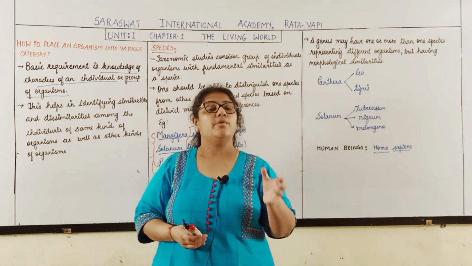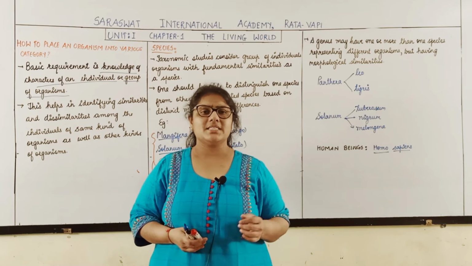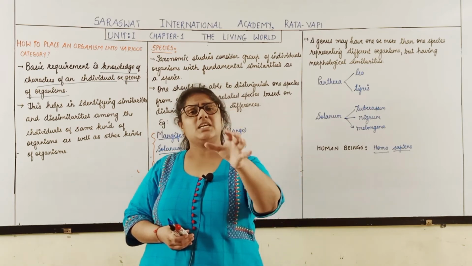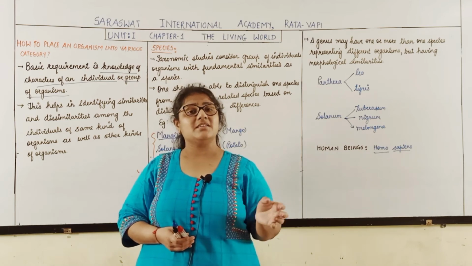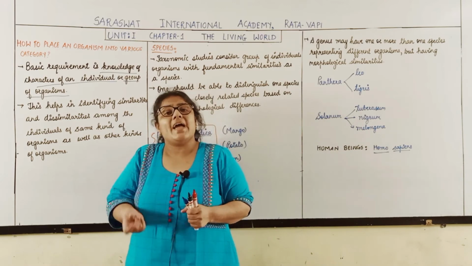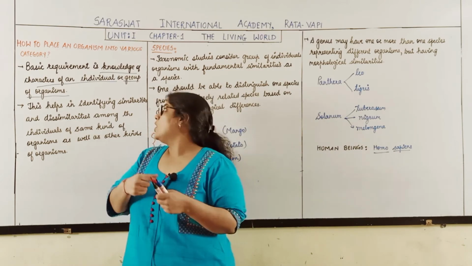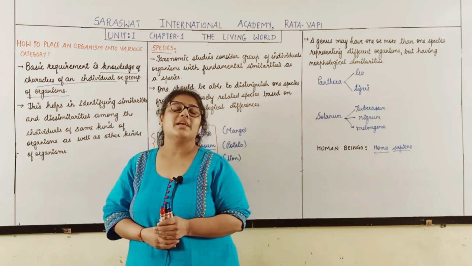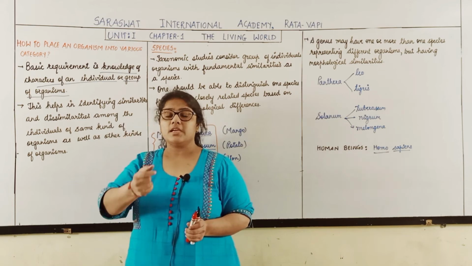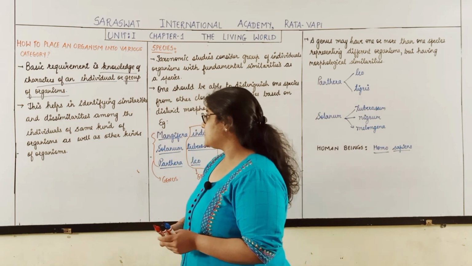The basic requirement is this knowledge. Say, for example, mammals. First of all, we should have the basic knowledge of the characters included in the mammals. That is the foremost important thing to place an organism into the various categories.